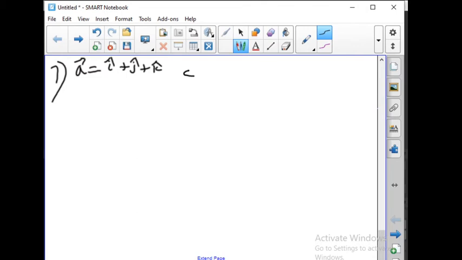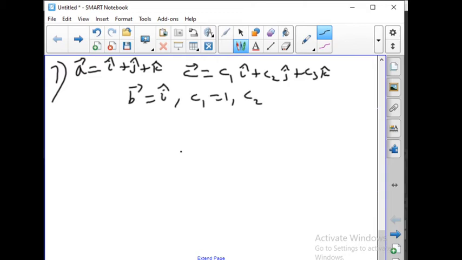C vector is equal to C1 I cap plus C2 J cap plus C3 K cap. And B vector is equal to I cap. Given C1 is equal to 1, C2 is equal to 2, we have to find C3 such that A vector, B vector, C vector are coplanar.